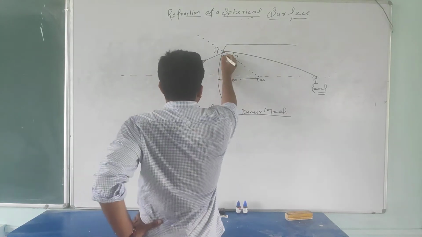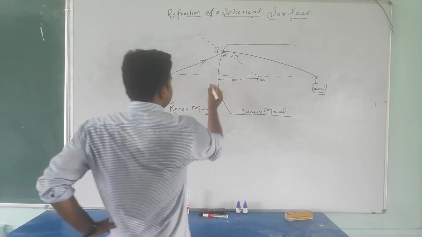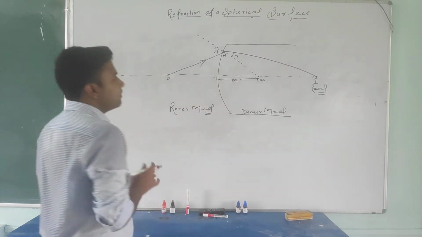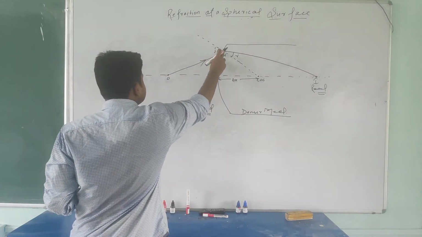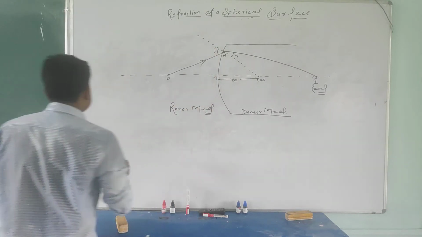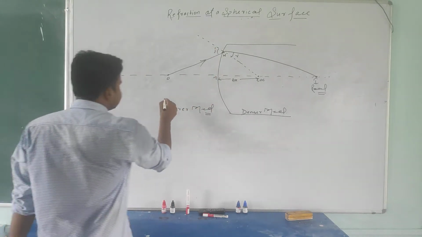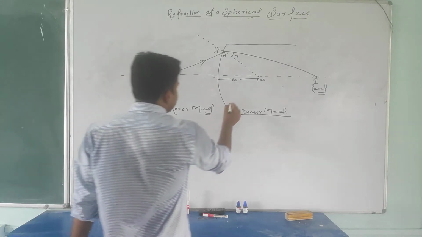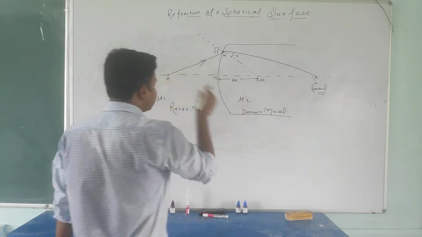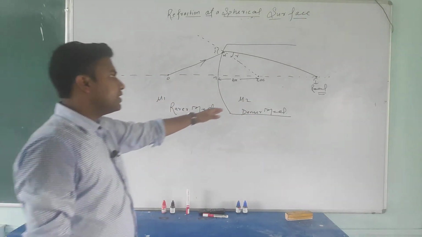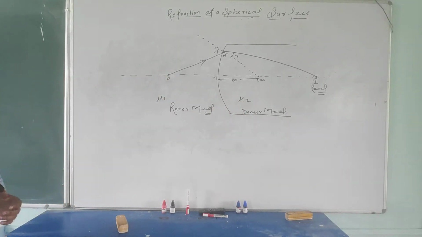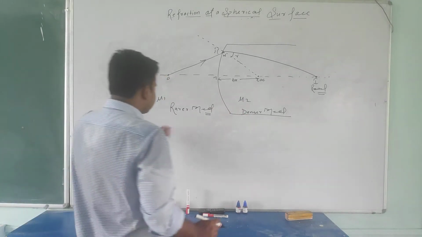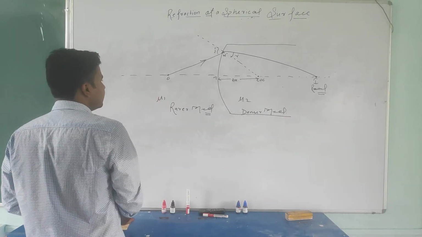I'm naming this point N, this one M. Now, if you apply Snell's law at point N, what can you write? I am assuming this one is mu1 and this one is mu2. The denser medium refractive index I am assuming is mu2, and the rarer medium refractive index is mu1.